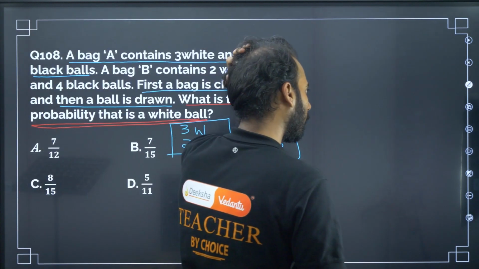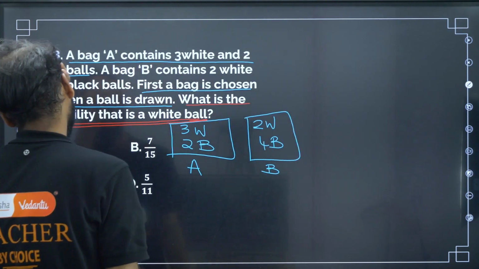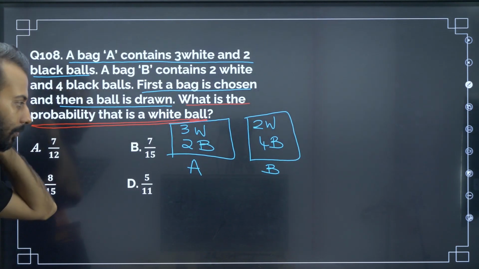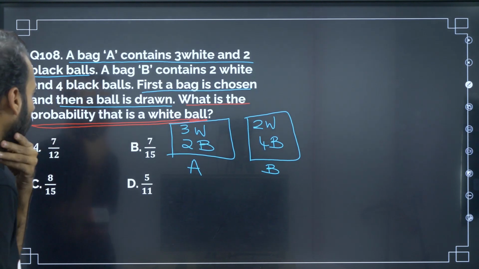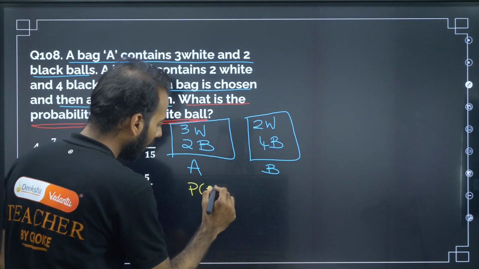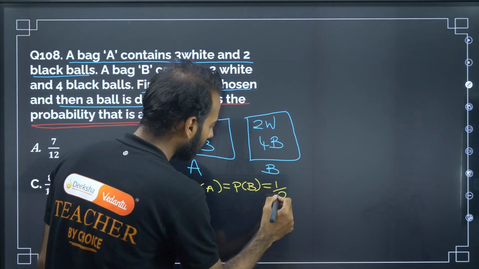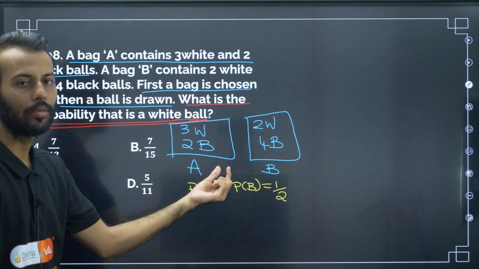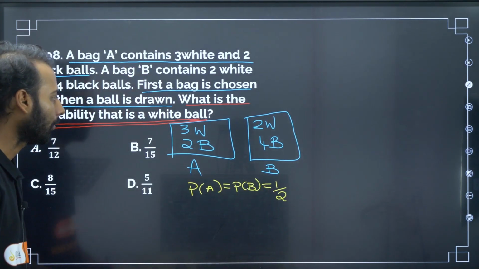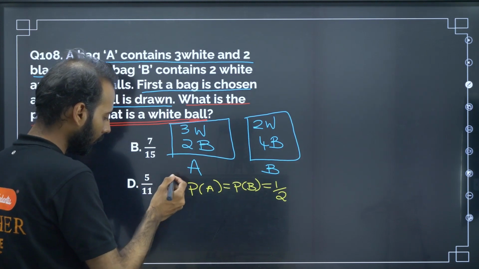Now for the white ball, one more thing you should notice: probability of A is equal to probability of B is equal to 1 by 2. It is very obvious because there are 2 bags. Now I will give one event.